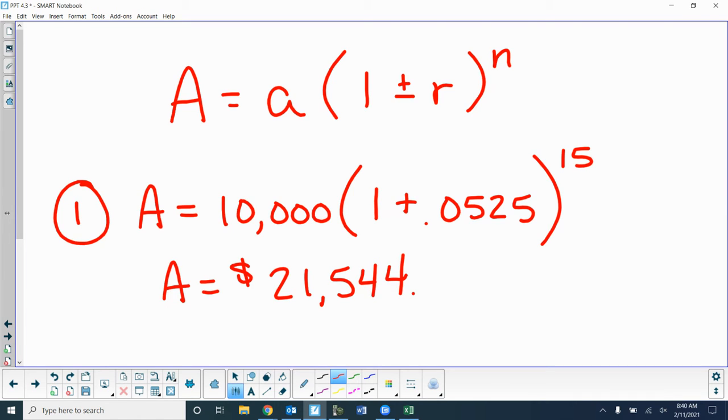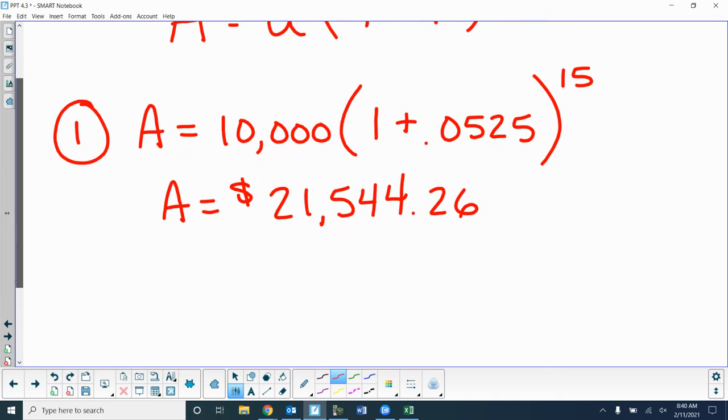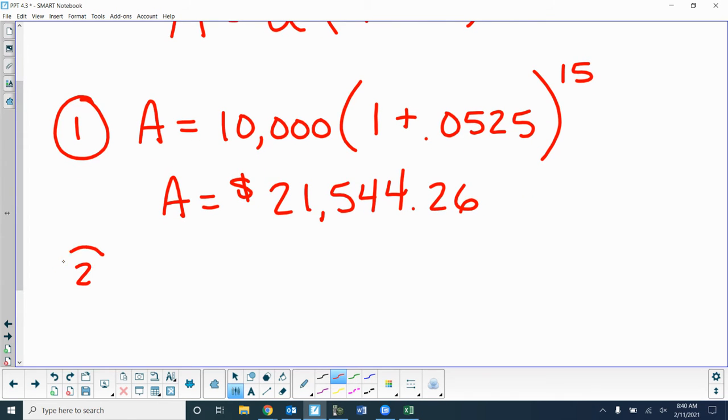And to the nearest cent would be 26 cents. When we do money, we always go to the nearest cent, which was hundreds place. Okay? So that's the formula you're going to use for 1 and 2, depending on if it's addition or subtraction, growth, increasing, or decay, decreasing.